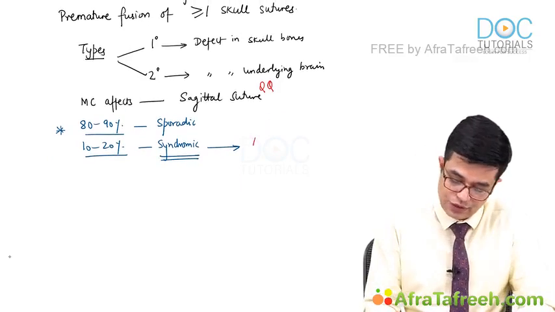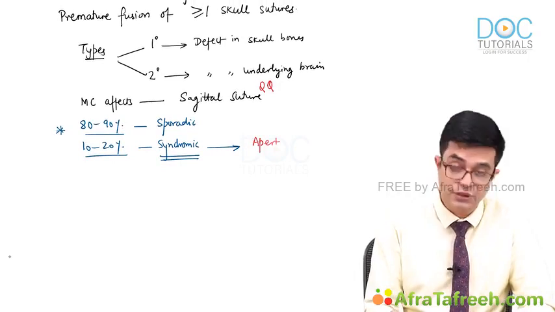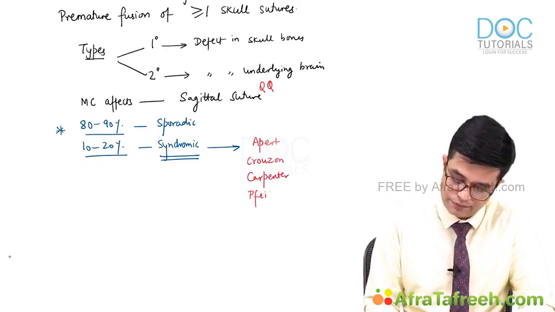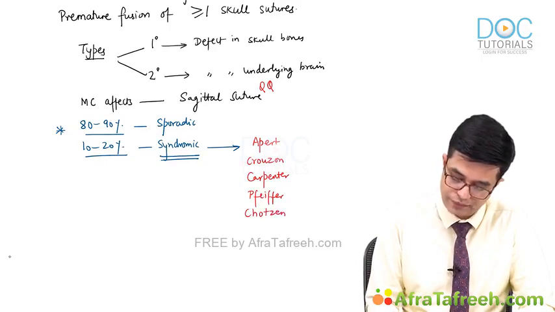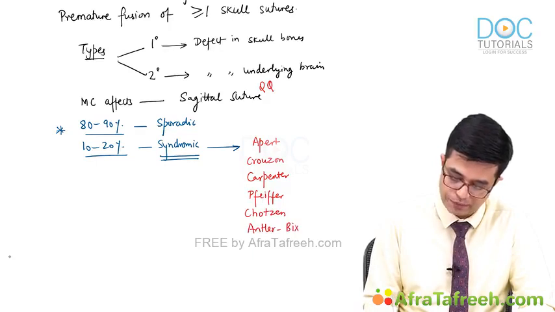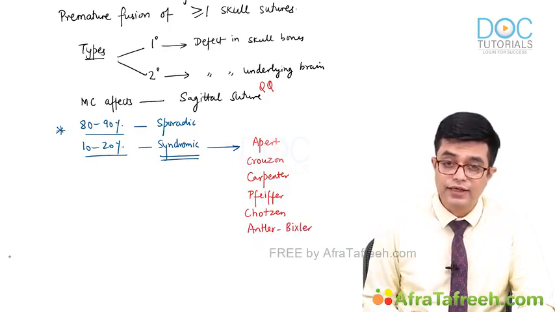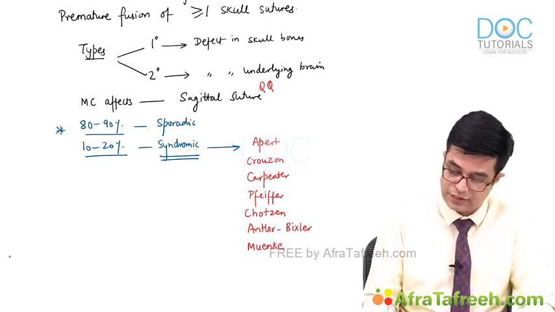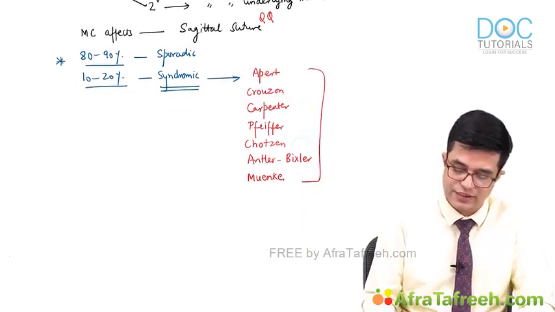We have relatively common syndromes like Apert syndrome, Crouzon syndrome, Carpenter syndrome, Pfeiffer syndrome, Saethre-Chotzen syndrome, Antley-Bixler syndrome, and finally Muenke syndrome. There is a huge list, but these are the important ones which have been asked in the past and you are supposed to remember.